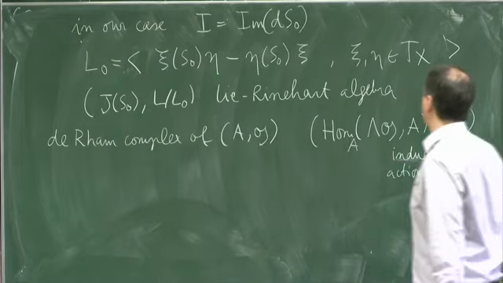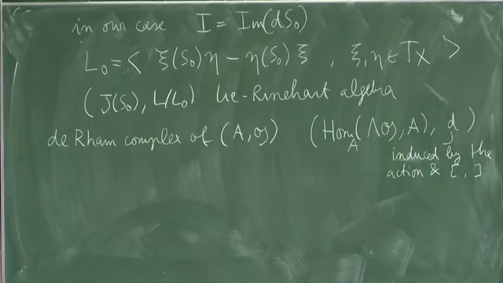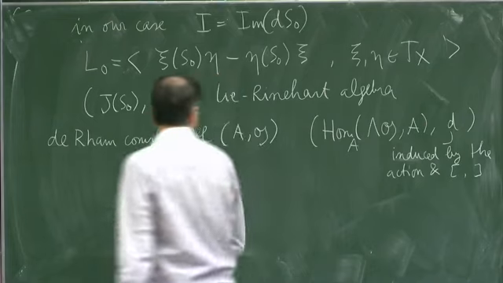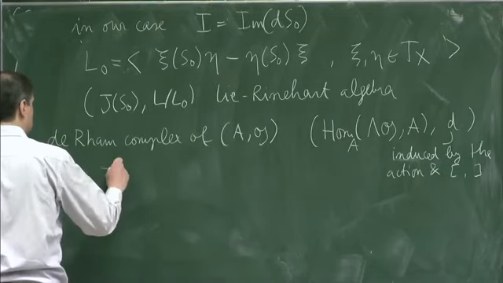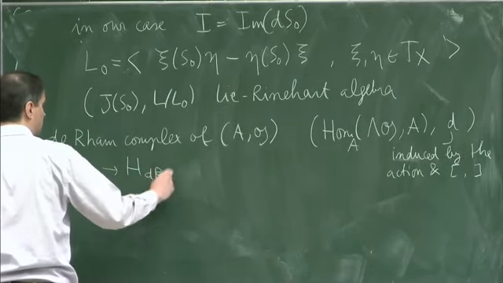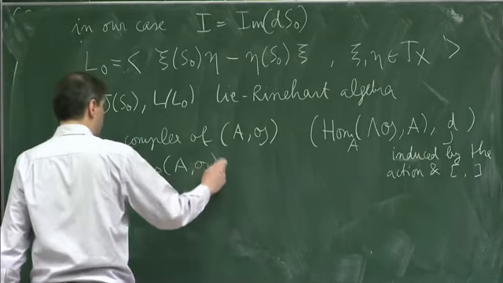Yes, G is an A-module. And so out of it you get a cohomology. Let's call it the de Rham cohomology of the pair.